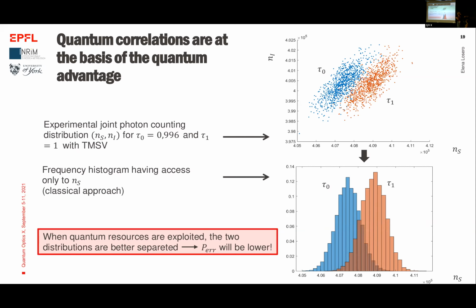The noise reduction factor is defined as 1 minus eta, where eta is the detection efficiency of the setup. So in our case, this level is 0.2 more or less. So this noise reduction factor in this case is 0.8.